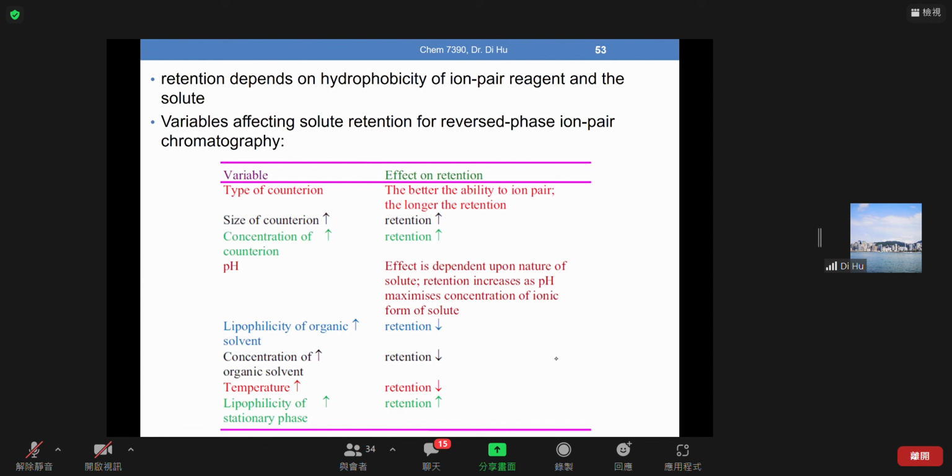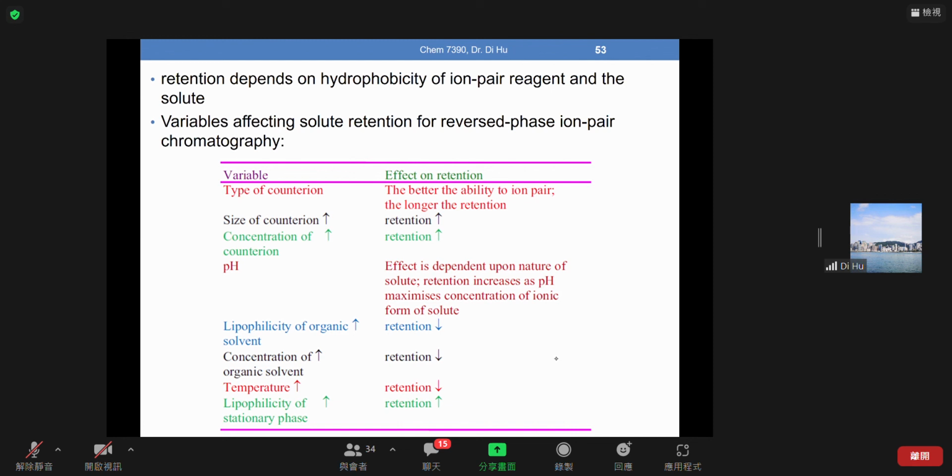There are variable factors that can influence the solute retention for this reverse phase ion pairing chromatography. Of course, there is the type of counter ion. If it has better ability to ion pair, the retention is longer, of course, because more of the analyte has been ion paired, has a hydrophobic tail, and can be well retained.